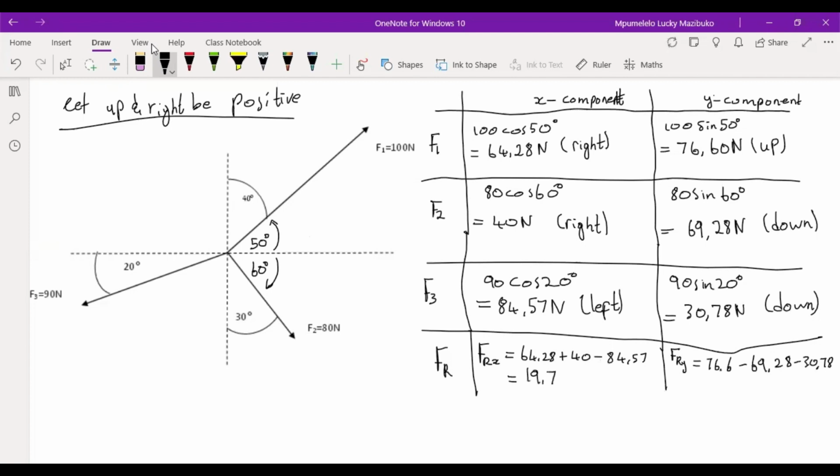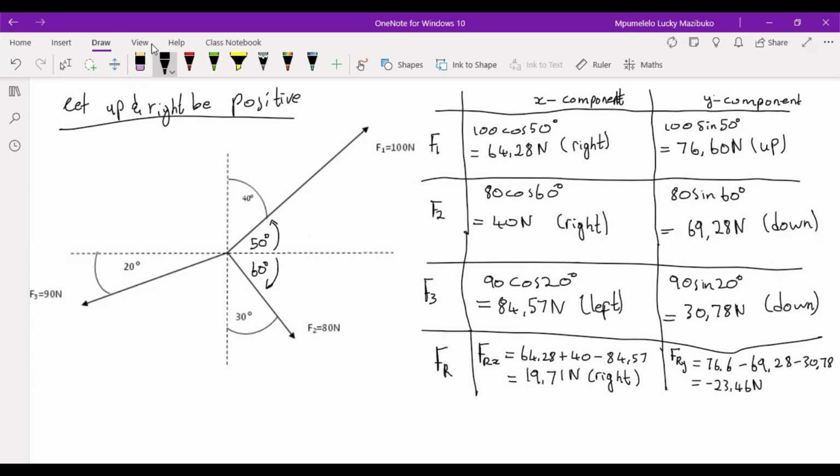19.71 newtons. In which direction? To the right. This is FRX. FRY, please note, you'll get 76.6 minus 69.28 minus 30.78, and you're actually getting a negative 23.46 newtons.